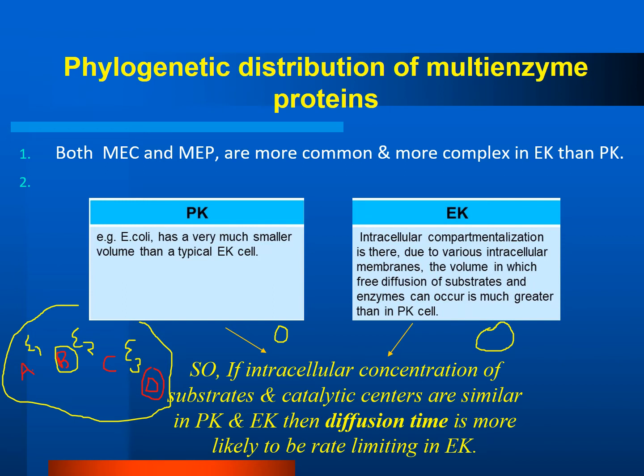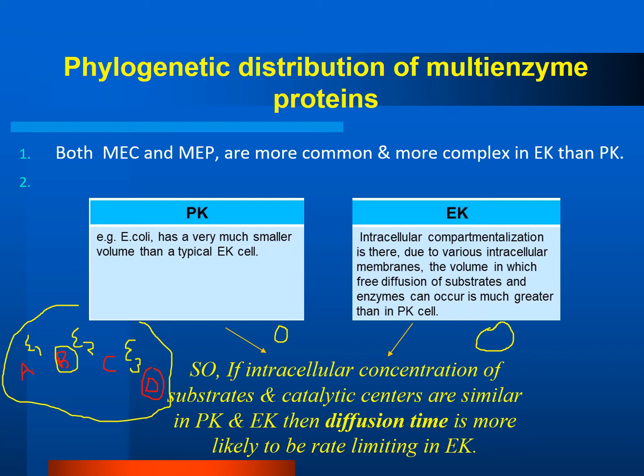So in that case, your catalytic transformation, the process of conversion of A to D, the conversion of substrate into product, may take more time, or it may be slowed down. That is why we are saying that diffusion time is more likely to be rate limiting.